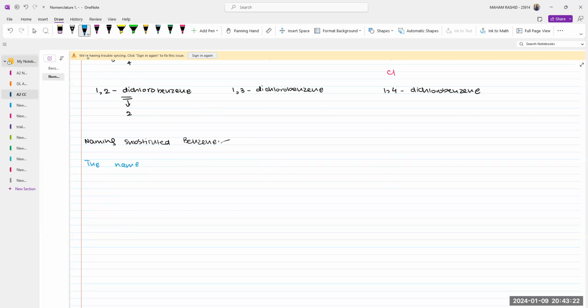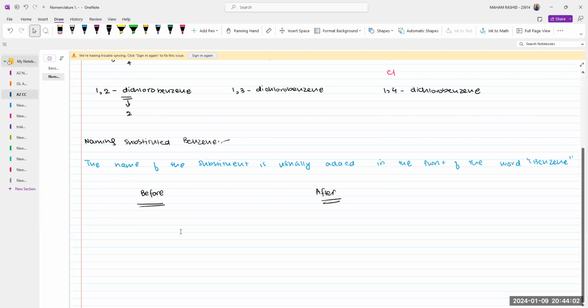The name of the substituent is usually added in the front of the word benzene. So there are rules. There are some substituents that come before the word benzene, and there are some substituents that come after the word benzene.